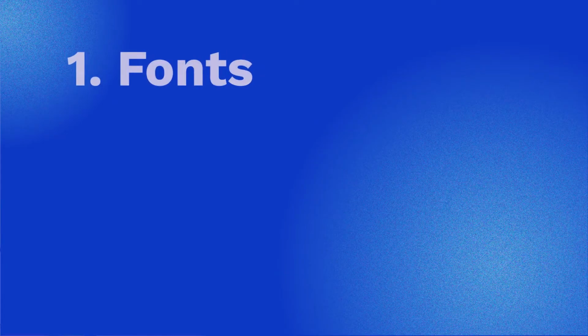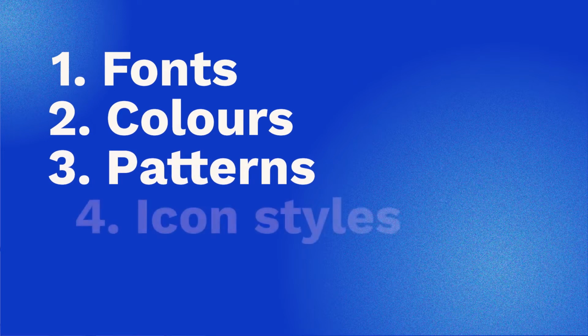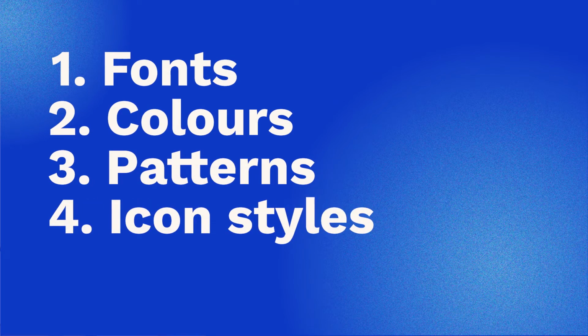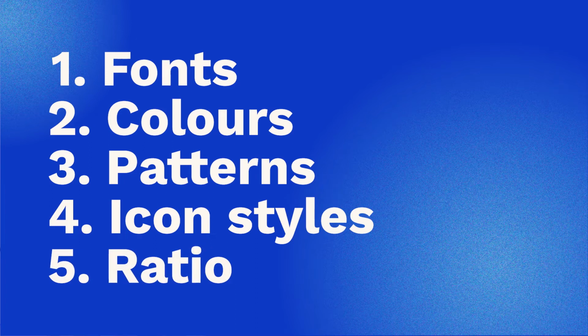So when we put each of these elements together, your fonts, your colors, your patterns, your icon styles, right, your ratios in which you use these design elements, that forms a certain visual language for the brand.